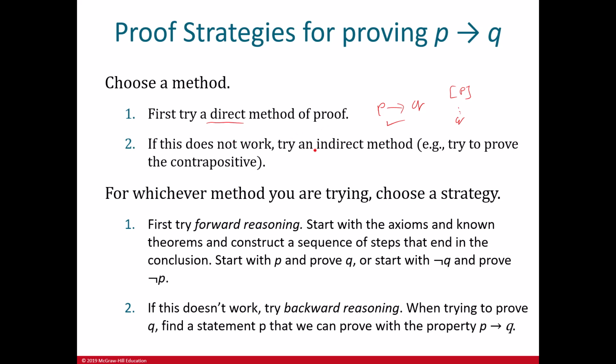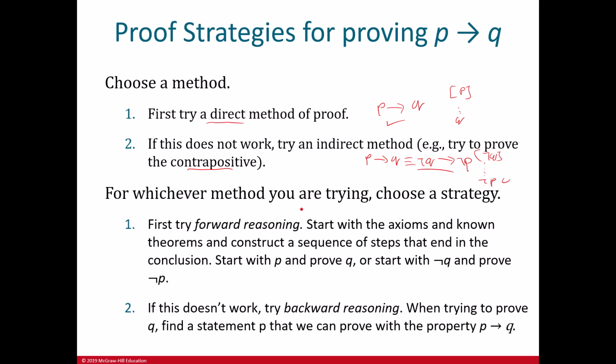If it doesn't work, then we will try the contrapositive, like we did a lot this time. We know that it is equivalent. We assume not Q, and then we attempt to arrive at not P. If we do that, then we just succeeded.